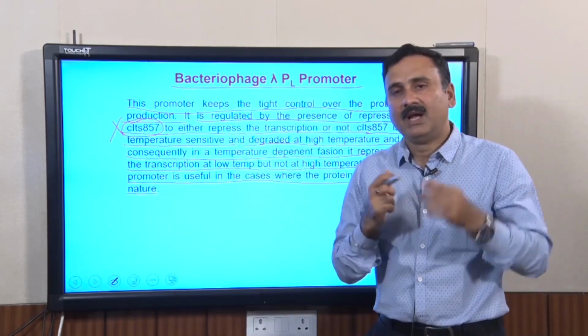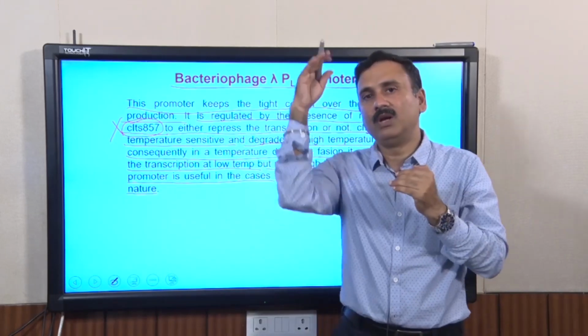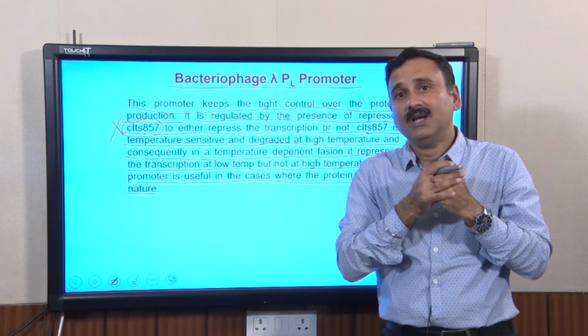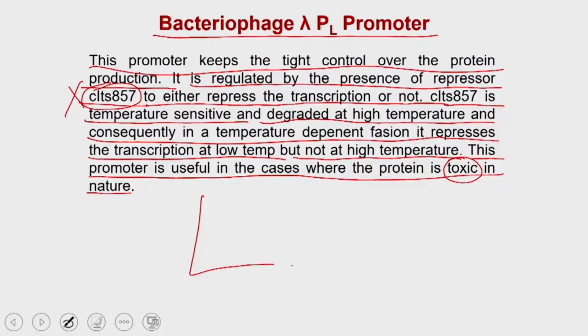What will happen is, you grow the bacteria at low temperature. That will suppress or repress the production of this protein. This is your typical bacterial growth kinetics.